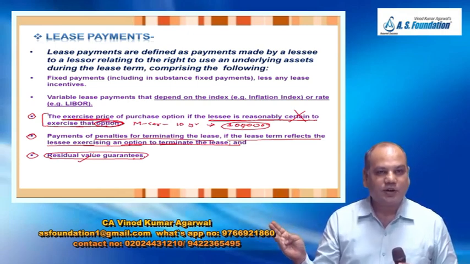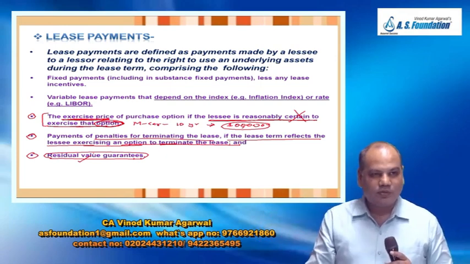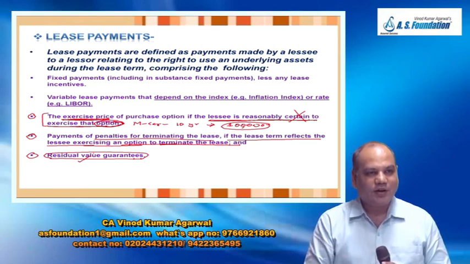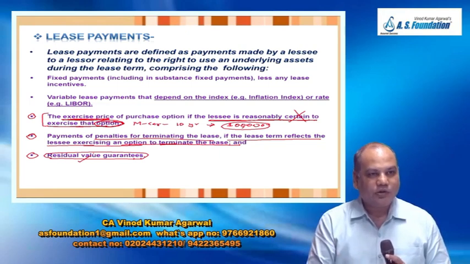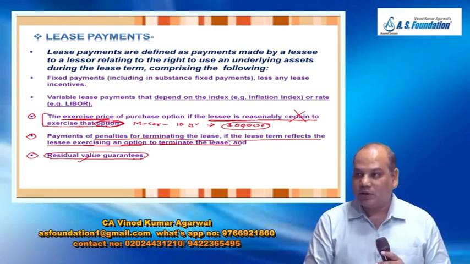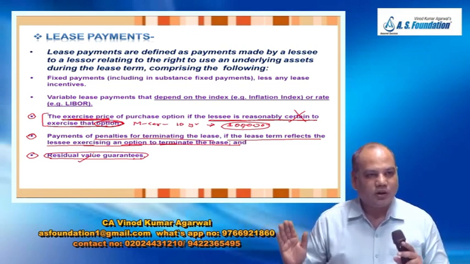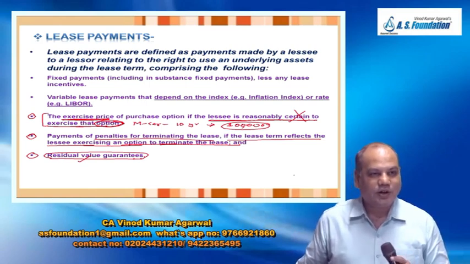Third is the exercise price, if the option is certain to be exercised. Termination option penalty, if it is reasonably certain that the lease will be terminated, and the residual value guaranteed by the lessee. Okay, these all we will consider, minus any lease incentive received from the lessor.